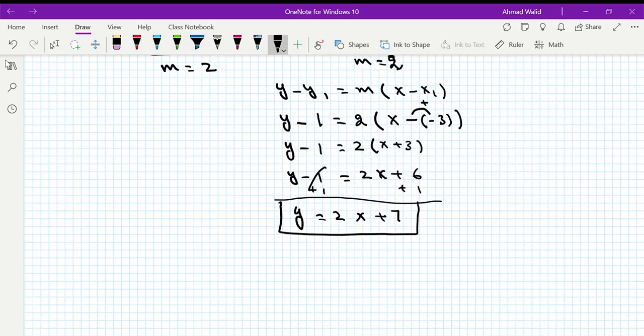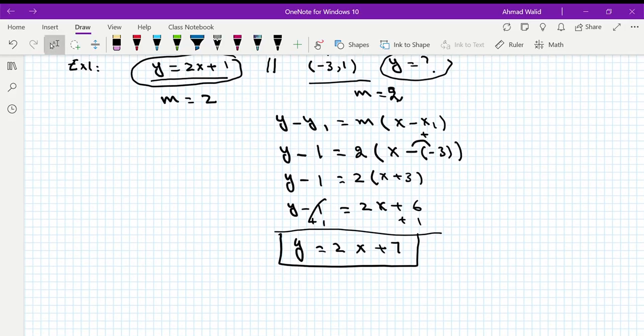This line, y equals 2x plus 7, definitely will be parallel to y equals 2x plus 1. Definitely they are parallel. Parallel means they never meet each other, right? They don't have an intersection. And they are on the same plane. Be careful because they are on the same plane.